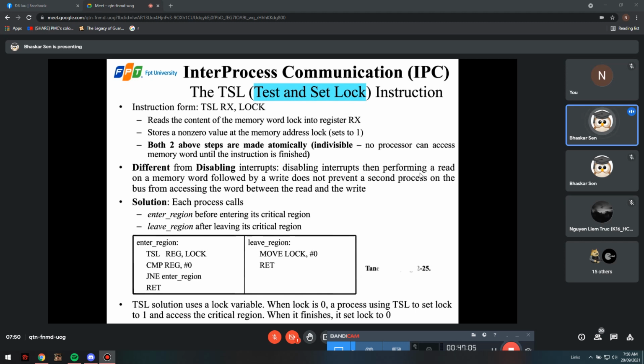So TSL is important because it takes care of these two regions, as you can see right there: enter region and leave region. I call them the doormats or the threshold. So not only do we have to ensure that mutual exclusion proceeds inside of the critical region, but immediately outside of the critical region there too must be a mutual exclusion.